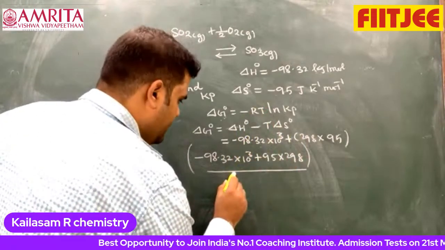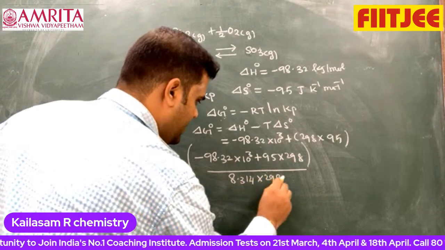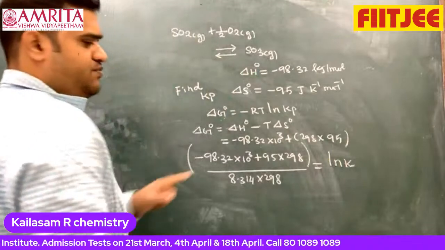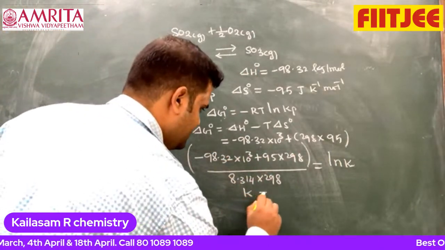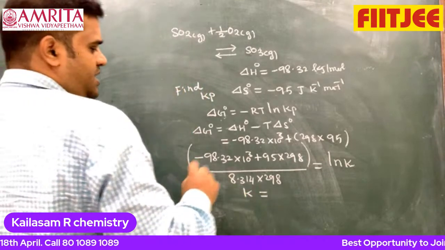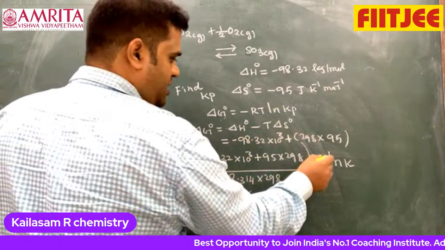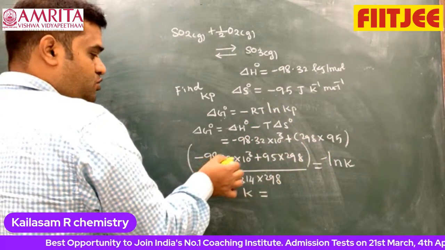R is 8.314 joule, into 298 Kelvin. If we simplify this, you are going to get the overall value negative, because 95 into 298 is smaller than 98.3 into 10 power 3.